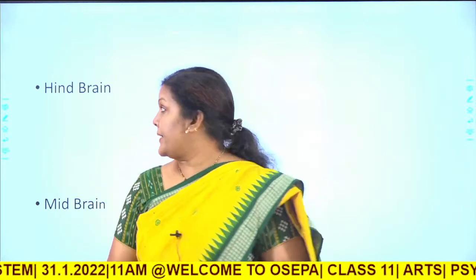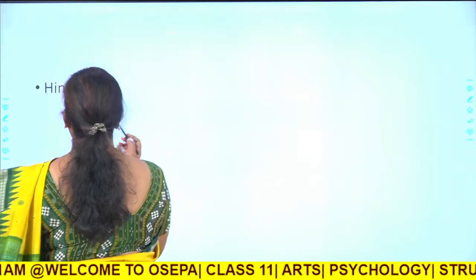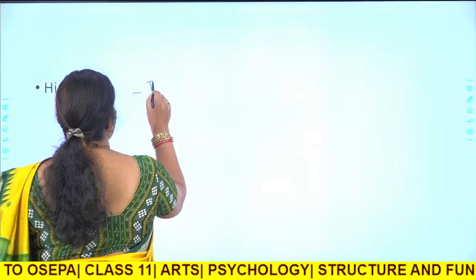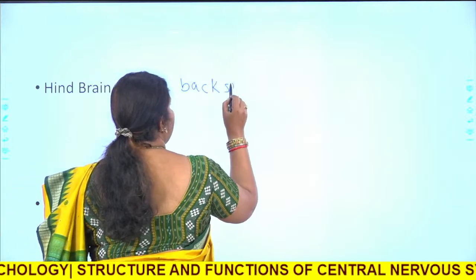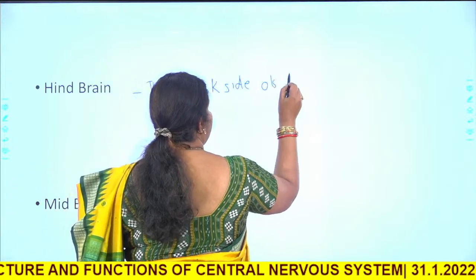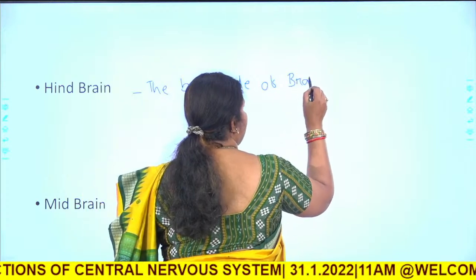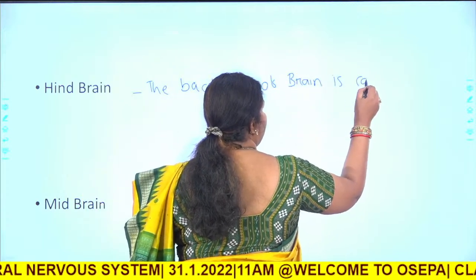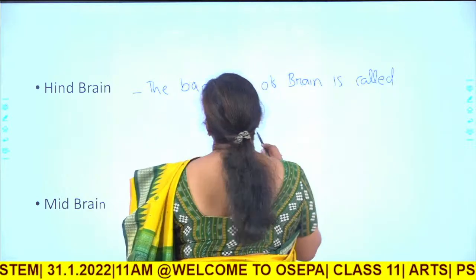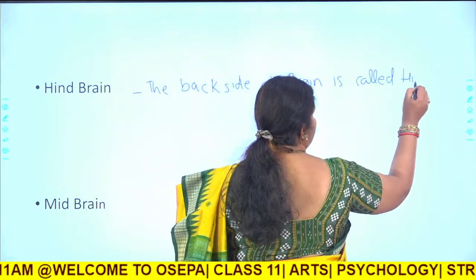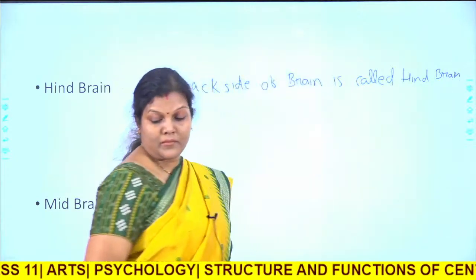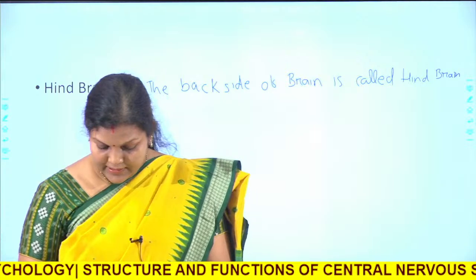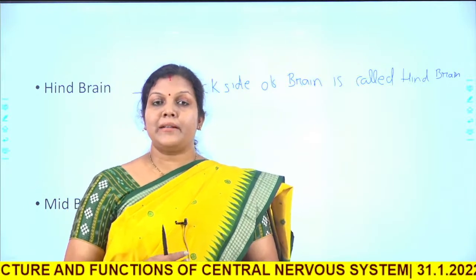The backside of the brain is called the hindbrain. It is situated at the backside. And it consists of three main subdivisions.